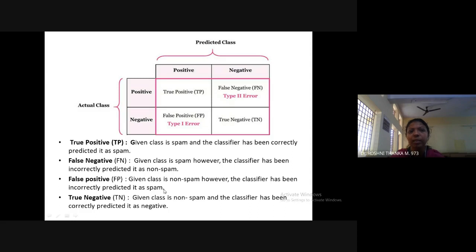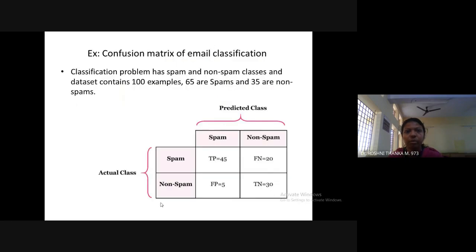The model gives the output as spam, which is a positive result, but actually it is non-spam. So it is a false positive output. And what is a true negative? The model gives a negative result, and that negative is correct. So that is called a true negative.